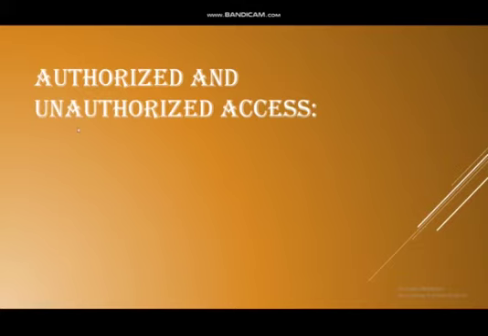When a person enters a wrong password or username, or the person is not identified by any authentication method, and if a person accesses the computer, that is known as unauthorized access. Accessing the computer or using the computer without permission, without identifying, is known as unauthorized access. Hope you understand.